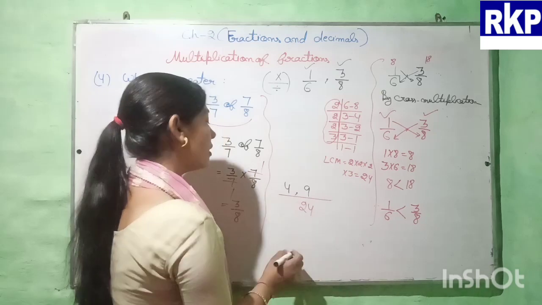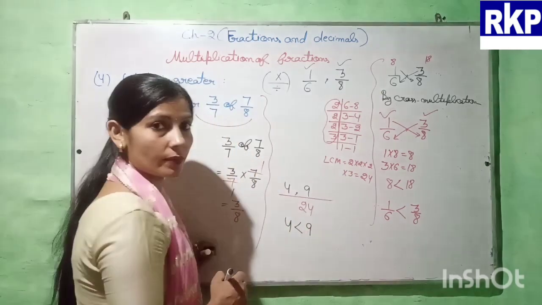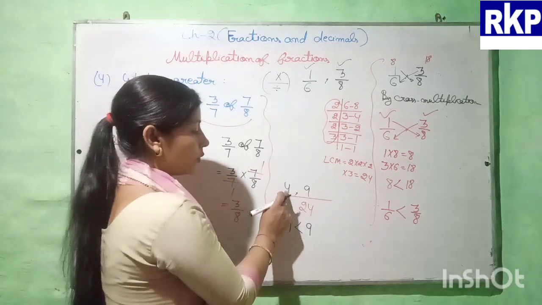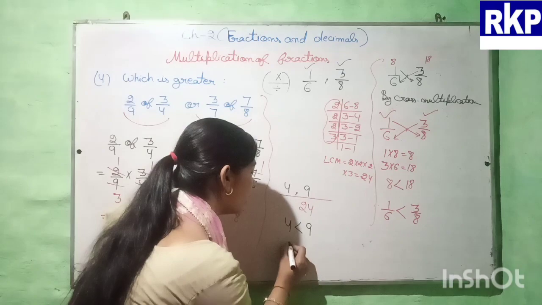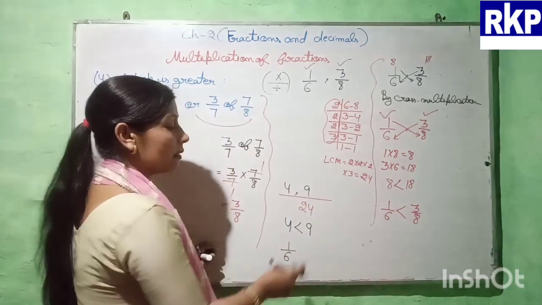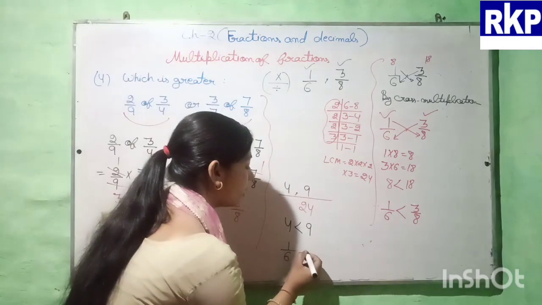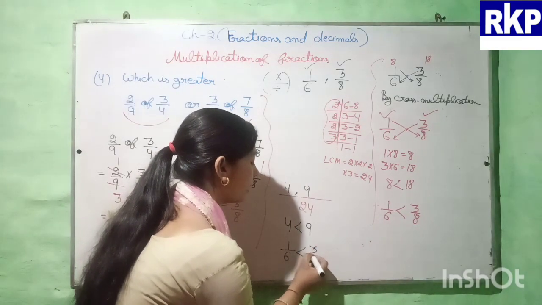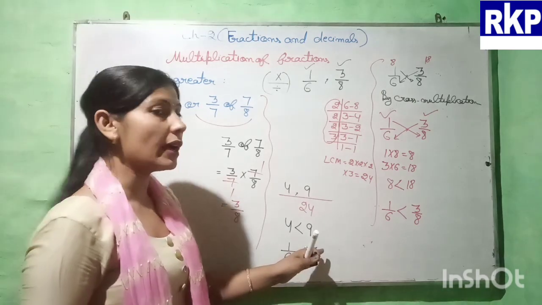So now you can see that 4 is smaller than 9. It means 4 we have obtained from 1 by 6, so here we will write 1 by 6, and this 9 we have obtained from 3 by 8, so here we will write 3 by 8. So we can say that 1 by 6 is smaller than 3 by 8.